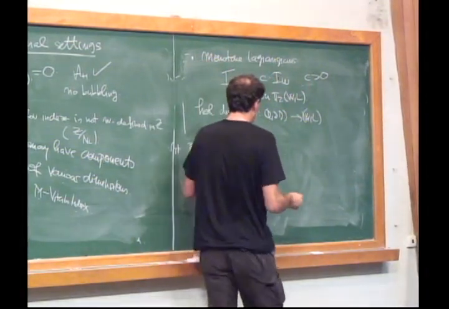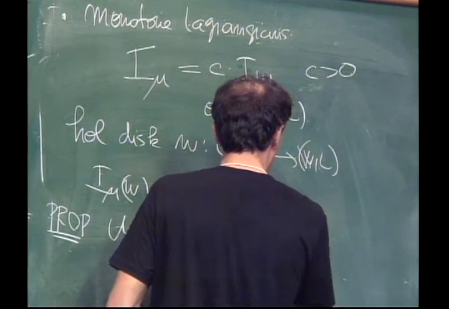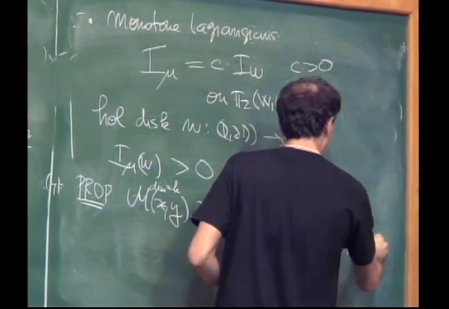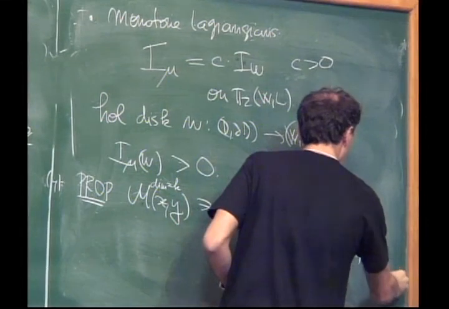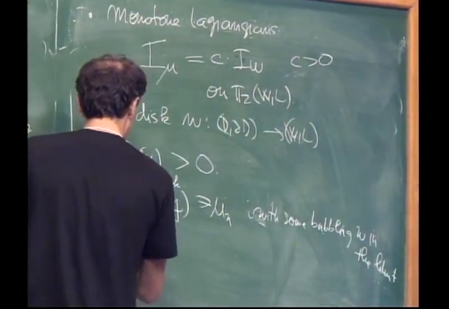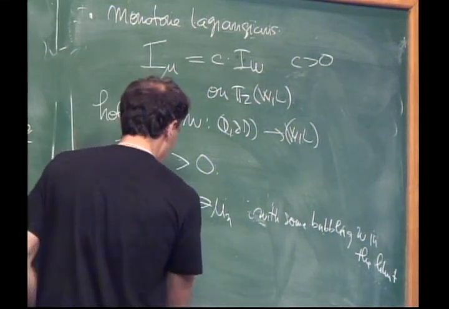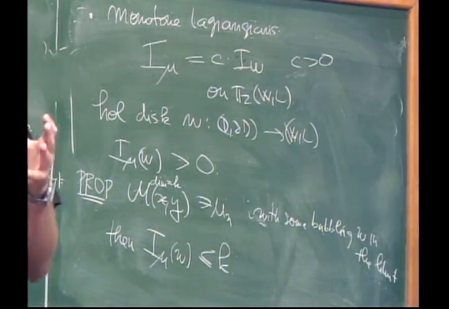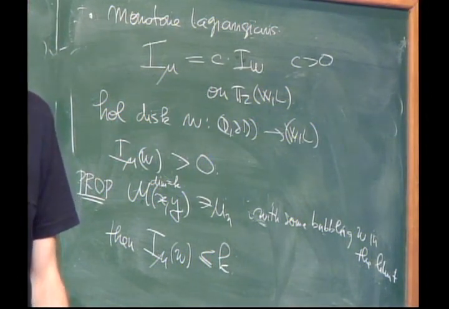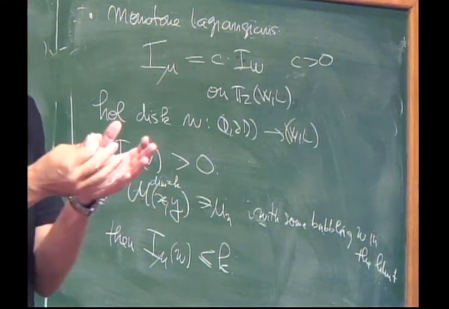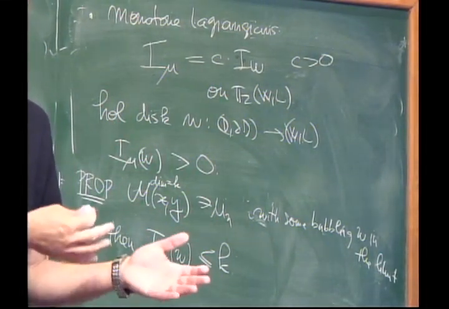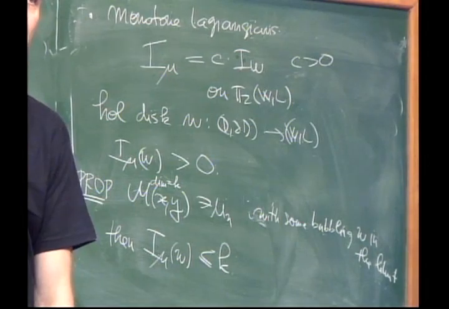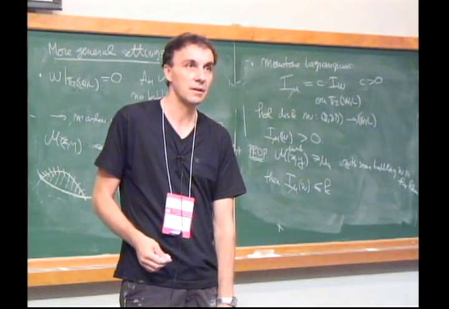So if you take a sequence with some bubbling W in the limit, then there is some additivity of Maslov numbers, which implies that the Maslov number of this bubbling disk which occurs cannot exceed the dimension of the space we consider.